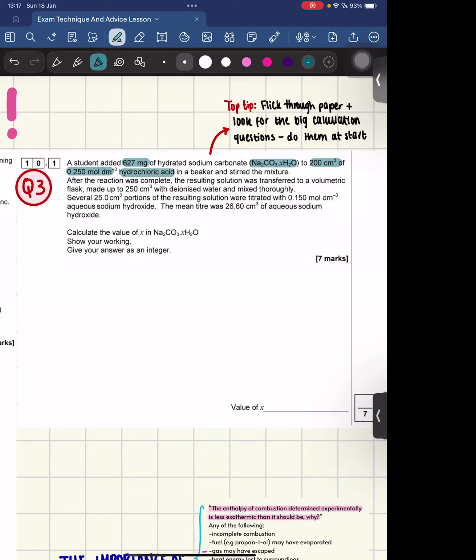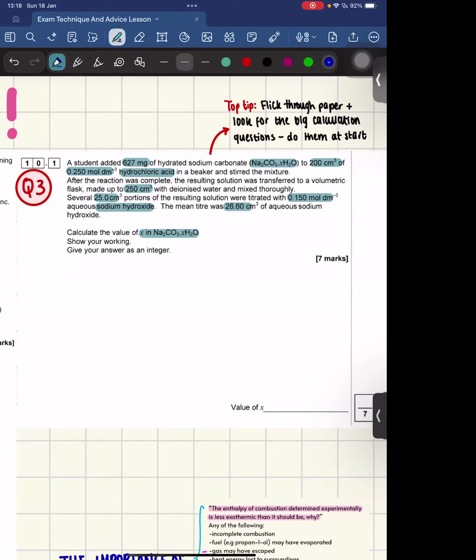So they've added both of those together and stirred it. They've then taken that mixture, turned it into 250 centimeters cubed in a flask, and then taken 25 centimeter cube portions of that and titrated it with 0.15 moles per decimeter cubed aqueous sodium hydroxide, and the mean titre was 26.6. Then it wants us to calculate the value of x.